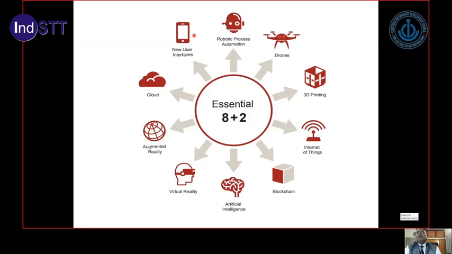So these are the technologies, if they are used in integration with the drone data, a very large number of applications could be involved.